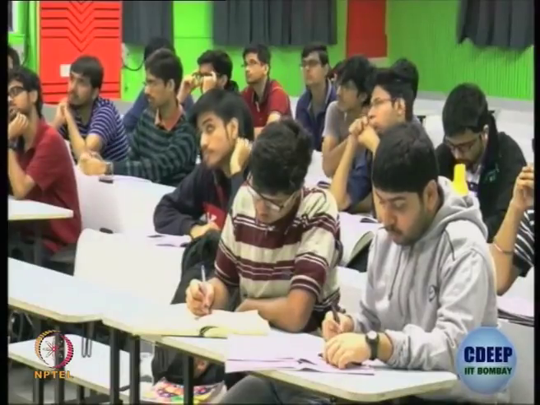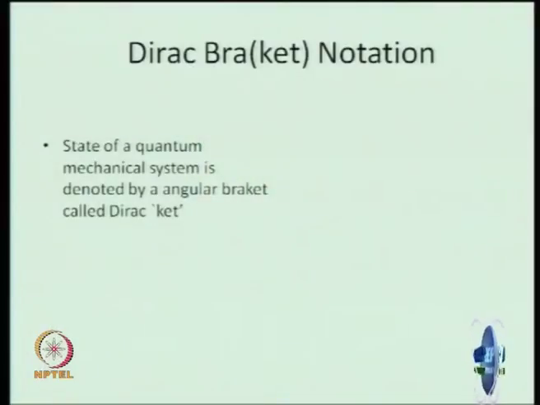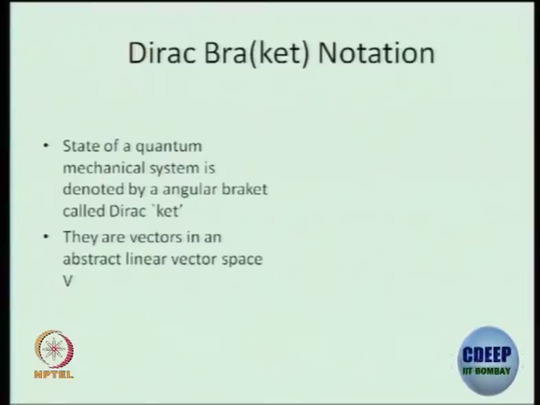That is why I am spending some time, so that you are familiar with this notation, and then you will see how powerful it is. Here is a block summary of what I said right now, which is the Dirac bracket notation. The state of a quantum mechanical system is denoted by an angular bracket, which was called by Dirac a ket, and these are vectors in an abstract linear vector space.